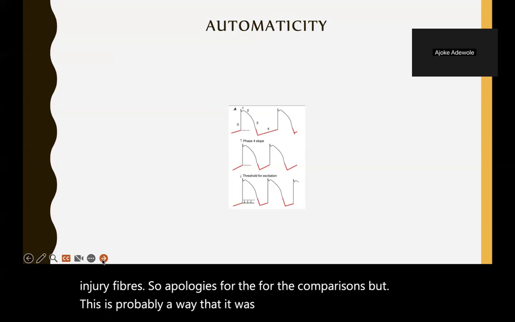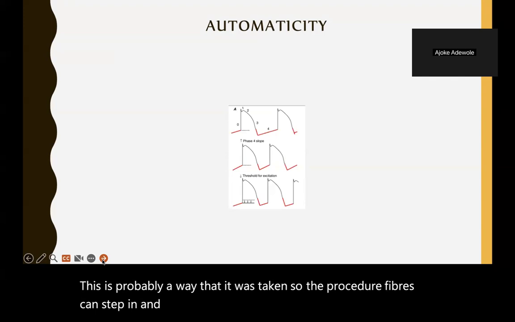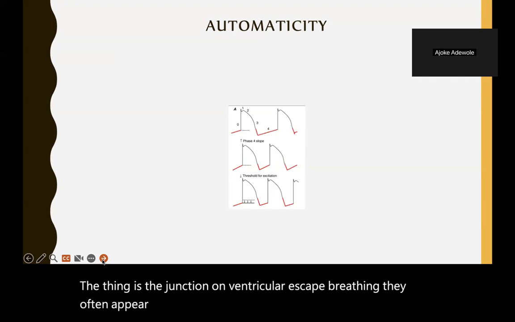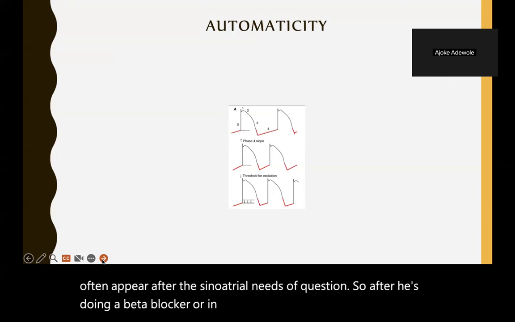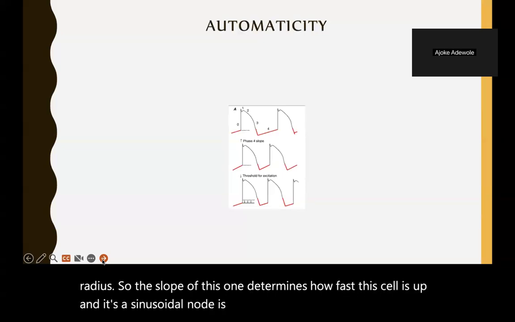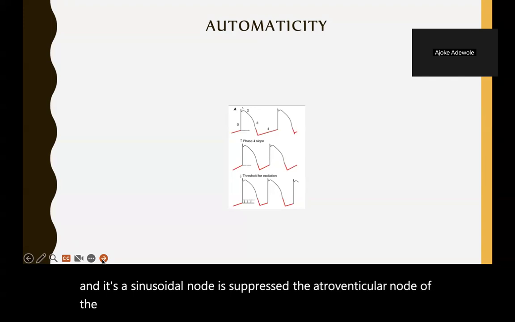So the Purkinje fibers can step in, and that's where your escape rhythms come in. The junctional and ventricular escape rhythms often appear after sinoatrial node suppression, for example after you've given a beta blocker, or in heart block. If the sinoatrial node is suppressed, the atrioventricular node or the Purkinje fibers step in, and that's where you get your escape rhythms from.